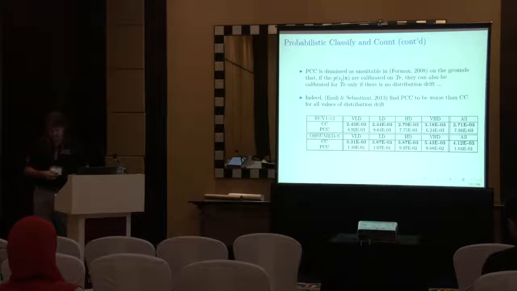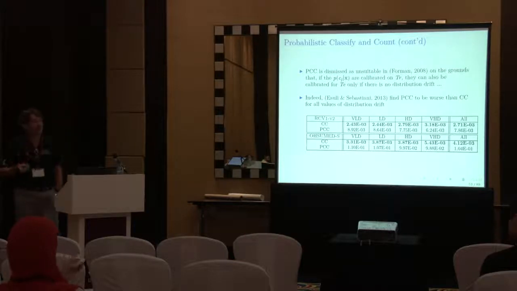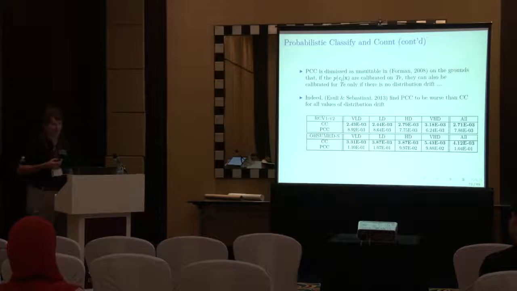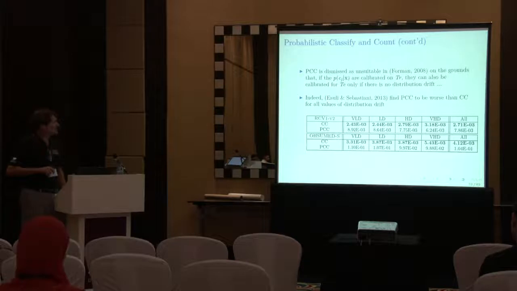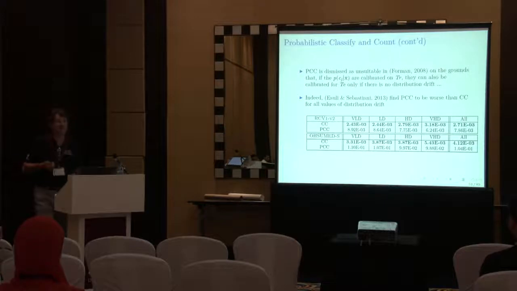Some people, especially George Forman, who as we said was one of the main proposers of the quantification task, dismissed the very idea of doing probabilistic classifying count, even without trying it. His argument is that if the posterior probabilities have been calibrated on the training set, they can be calibrated also on the test set only if there is no distribution drift.